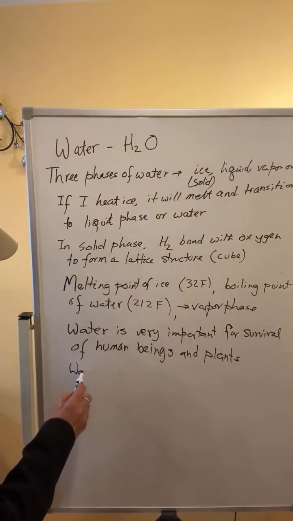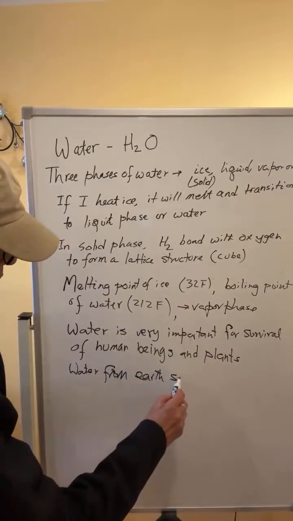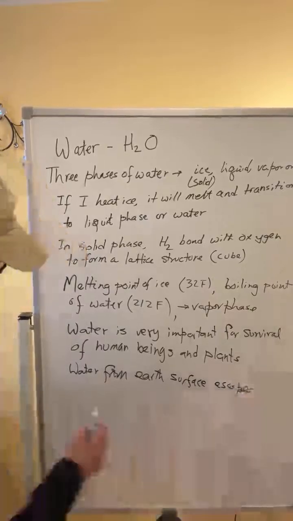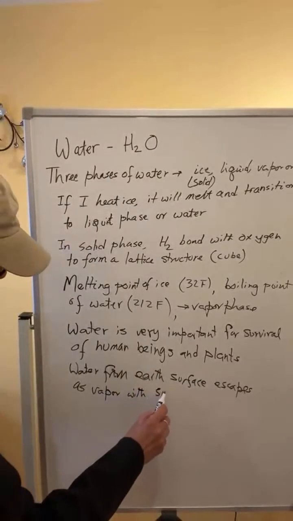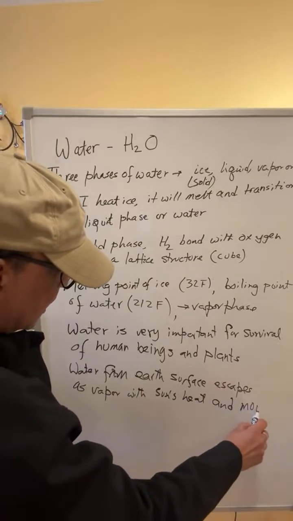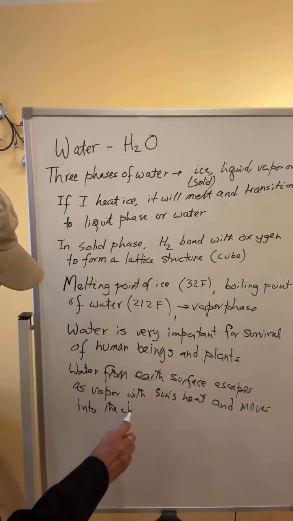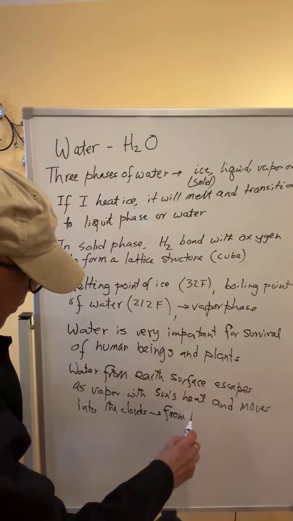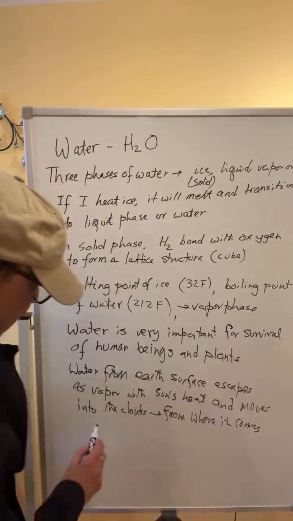Water from the earth's surface escapes as vapor with the sun's heat and moves into the clouds, from where it comes down as rain.